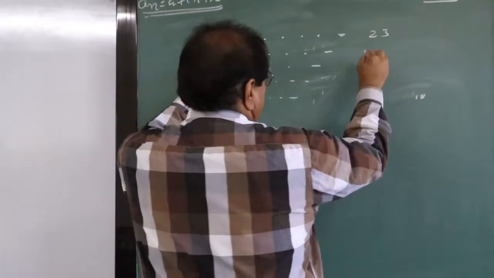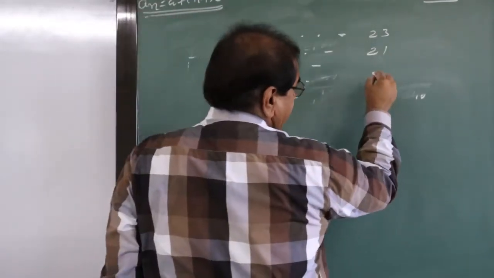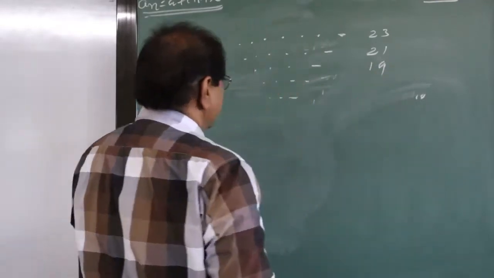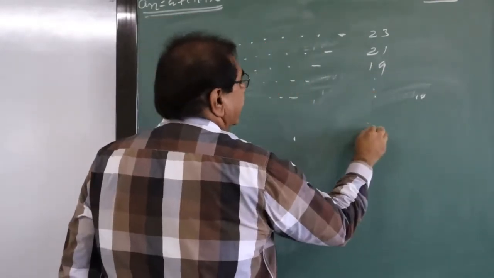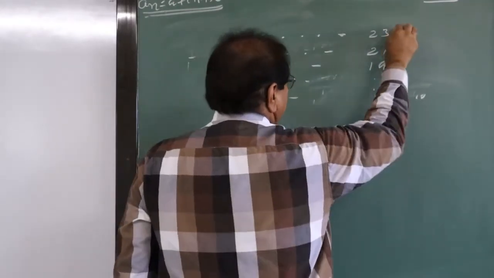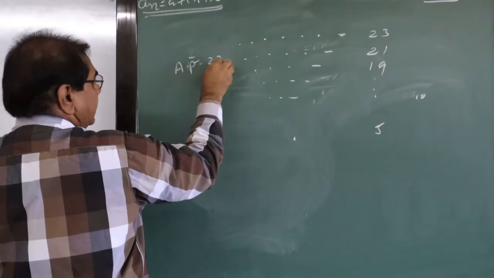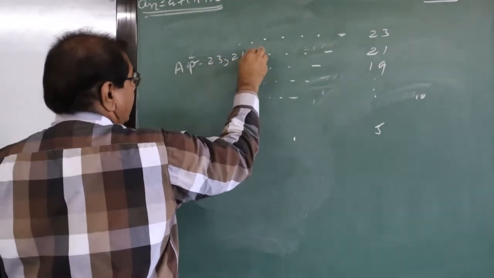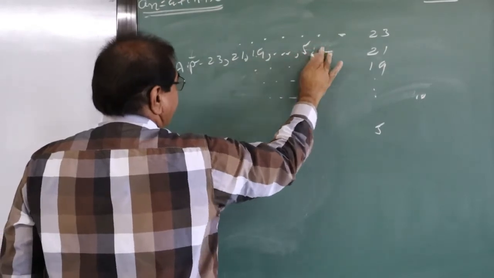Next to it, there are 21 rose plants. Next to it, there are 19 rose plants. And then in the last row, there are 5 rose plants. So your AP is forming like this: 23, 21, 19, and finally it is 5.